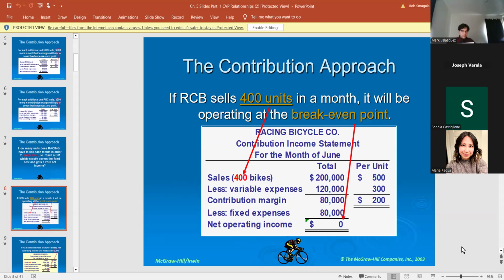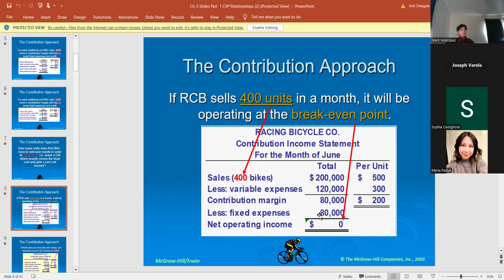Well, what do we mean by the break-even point? Break-even point refers to sales. It's the number of bikes you must sell to come up with zero net income. Break even, zero net income. And if you want to keep this in the back of your mind, it's the point where the contribution margin equals the fixed cost.